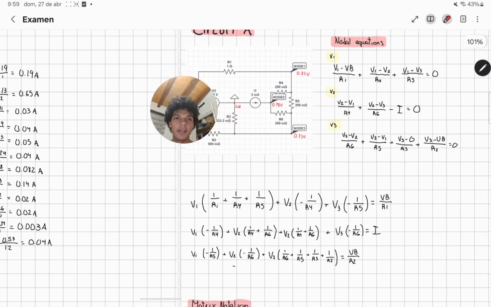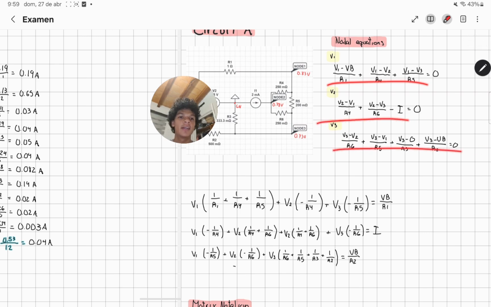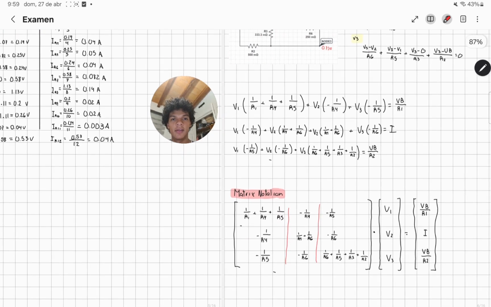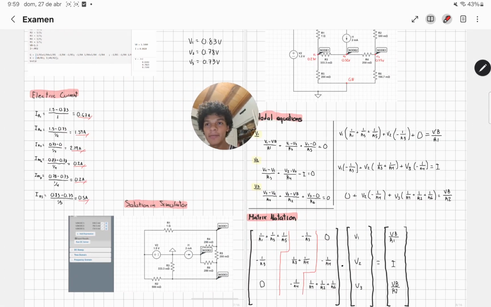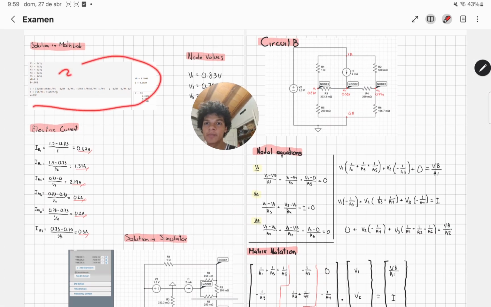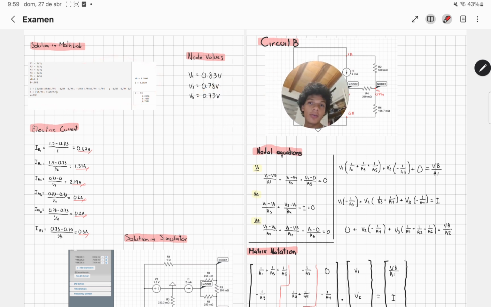So we made up the nodal equations, also as I said, using Kirchhoff's law and Ohm's law. And we factorize the nodes, and we put them in matrix notation. After putting it in MATLAB with this code, the node values that MATLAB gives are these ones.